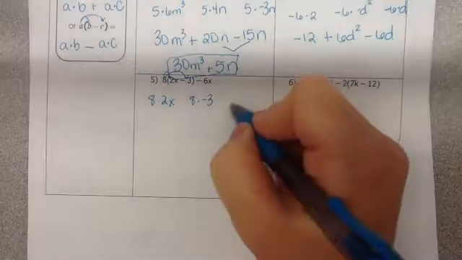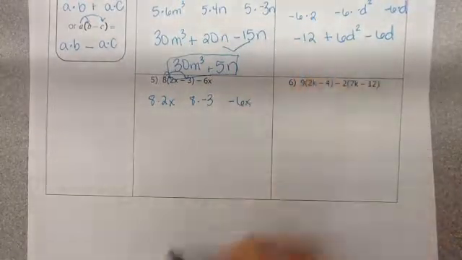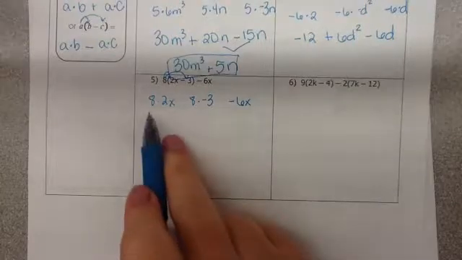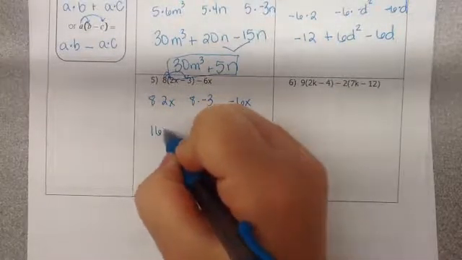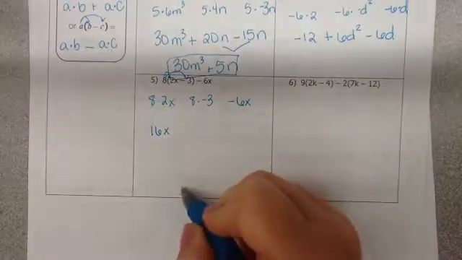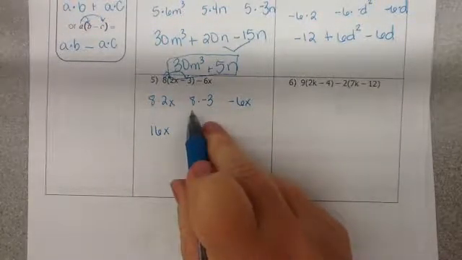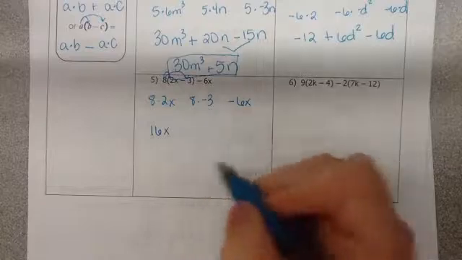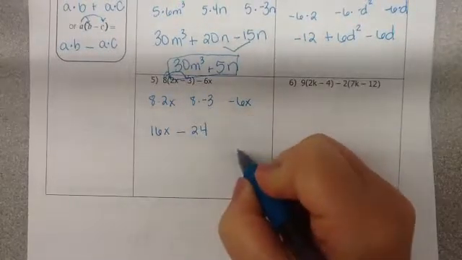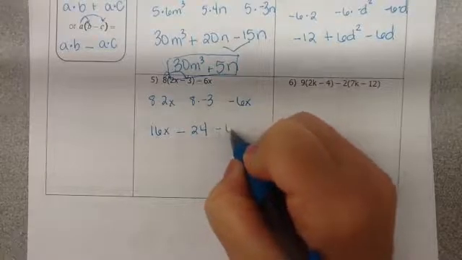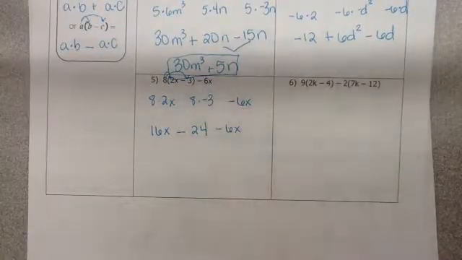Don't forget there is also this minus 6x at the end. 8 times 2x, 16x. 8 times negative 3, negative 24. And also don't forget there's this minus 6x just hanging out at the end.